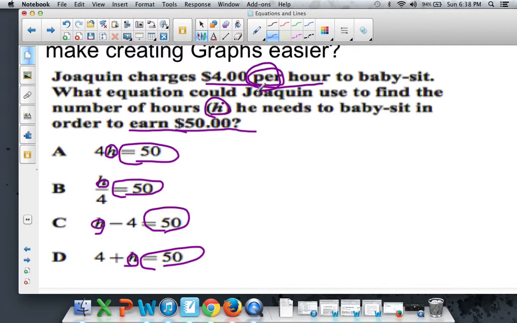Per is a multiplication word. 4 times 5. Or in other words, 4 times H. The only letter that has that happening, 4 times H, is right here. Letter A. Choice A. 4H equals 50 is the equation Joaquin could use to calculate his babysitting money.